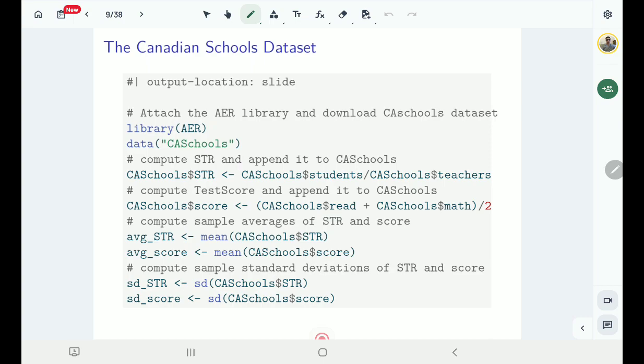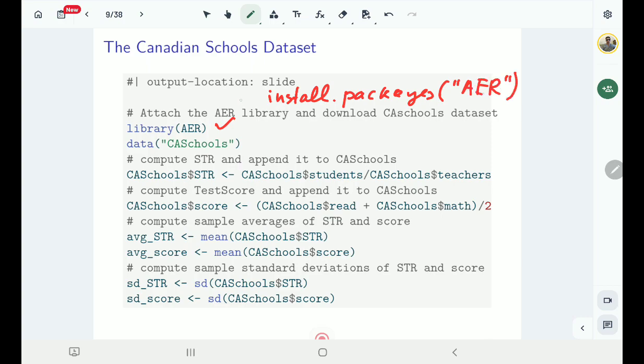So here is the R code. First we start by attaching the library AER, which basically attaches the important library. If you don't have this library, you have to use install.packages AER.